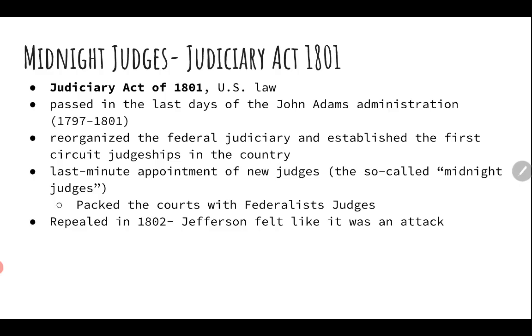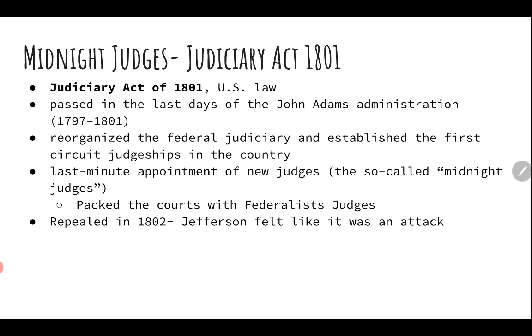Another weird thing is that after the election of 1800, there is a time that's called the lame duck period where John Adams is still in office. And John Adams is honestly afraid of what's going to happen to the country when Jefferson takes office. So John Adams is trying to think of ways to essentially protect the Federalist government.